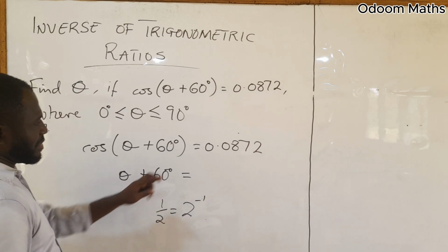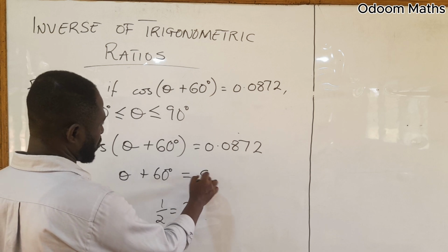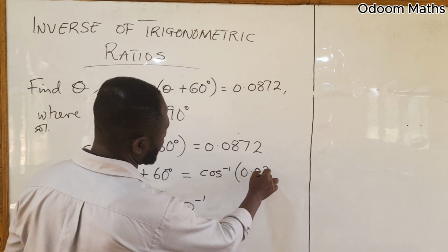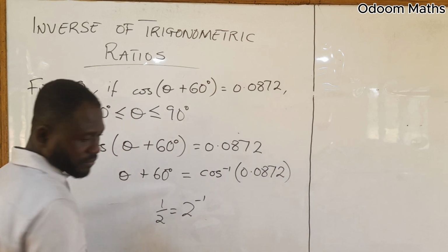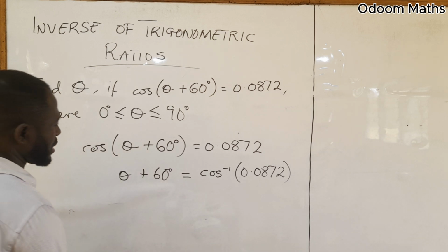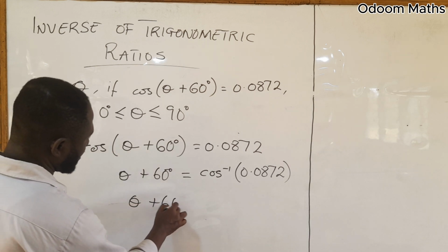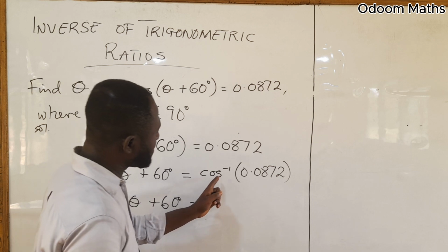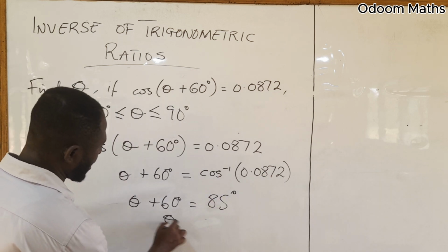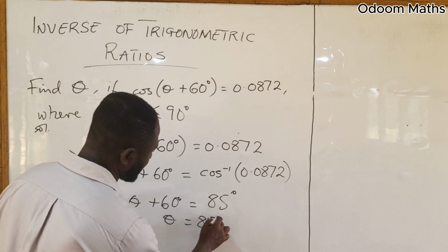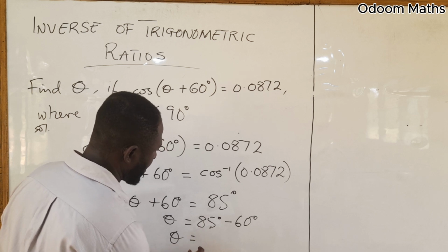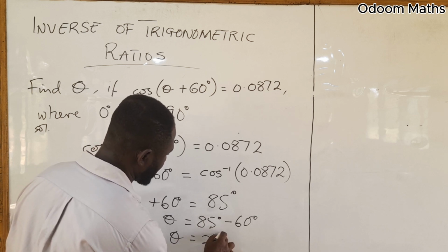So instead of having this over cos, we can say that this is cos to the power negative 1 of 0.0872. In this case, theta plus 60 becomes cos inverse of this, which is 85 degrees. So theta becomes 85 minus 60, and theta is subsequently 25 degrees.